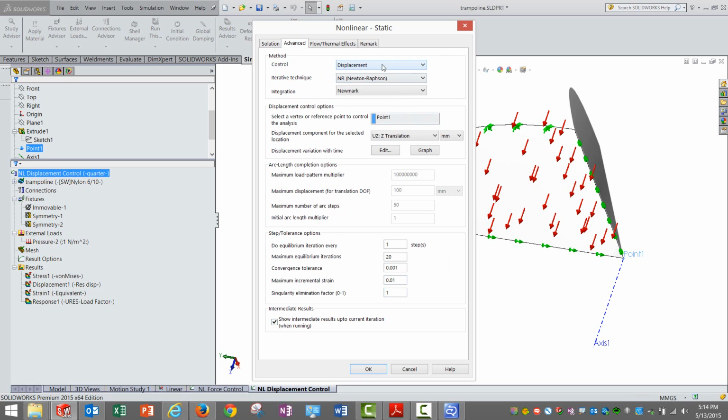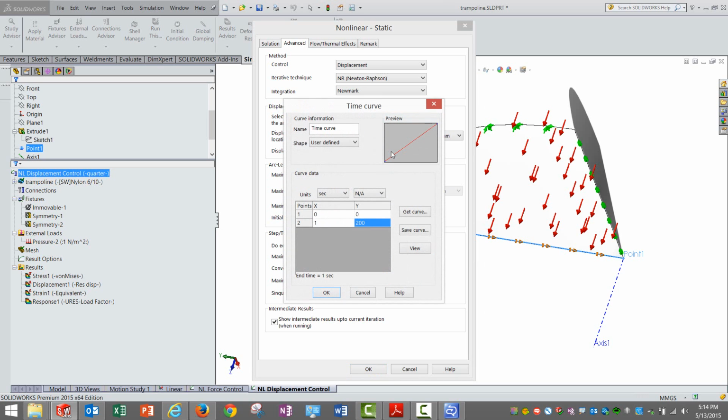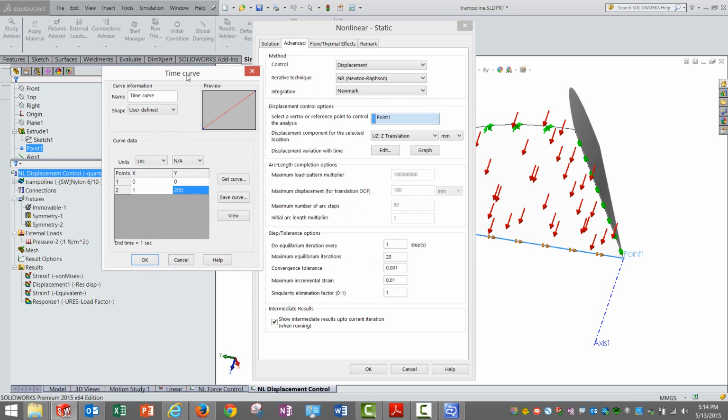Under advanced options, we are selecting the displacement algorithm. We are selecting the point at the center down here as the vertex for controlling the displacement. We are controlling the UZ translation, or monitoring it, and it is controlled using this particular graph.